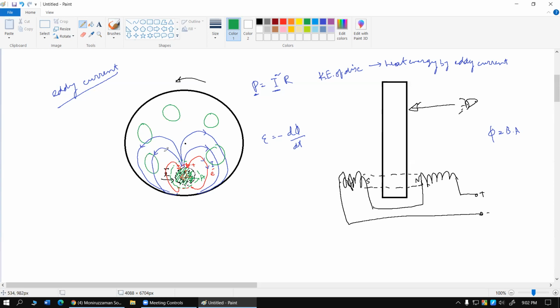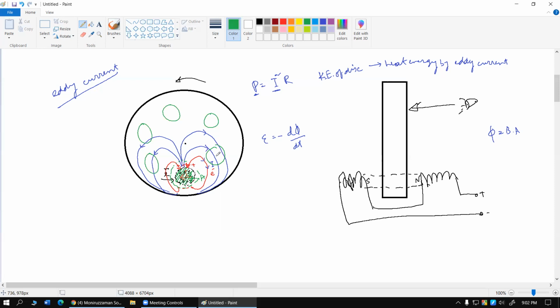So if we use, let's say, 6 of these solenoids in different parts of this disk, all of them will produce their individual eddy current, and this will produce a very rapid amount of heating. So other than utilizing only one location for magnetic field induction, we can use multiple coils.